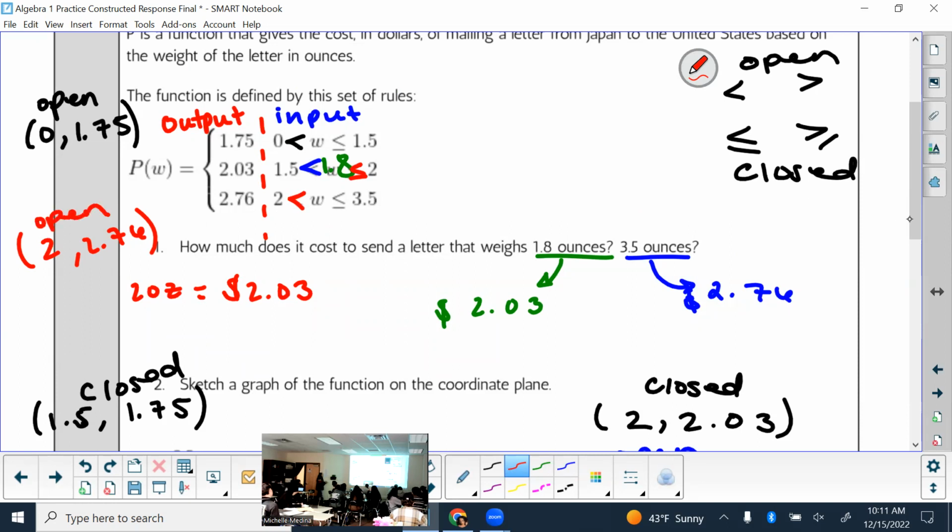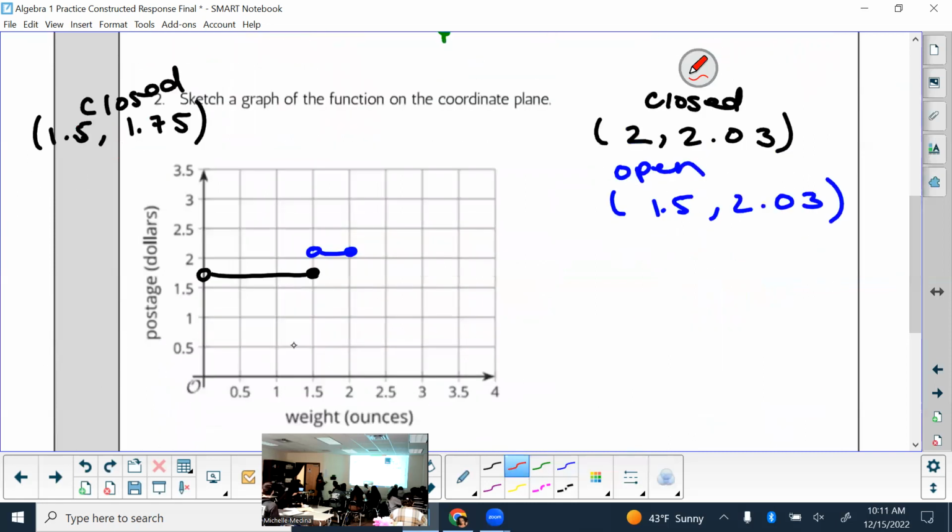So then 2.76, about here, there's an open circle. 2 on the x, 2.76 on the y, and then when does it stop costing that much? 3.5, so there will be a closed circle at the same height as this one. They have the same price, and in between them it's the same price. All right, and there's no other costs other than that, so then we're done.